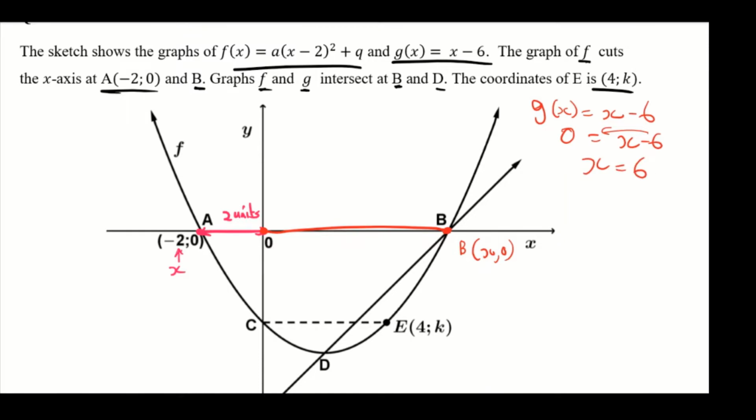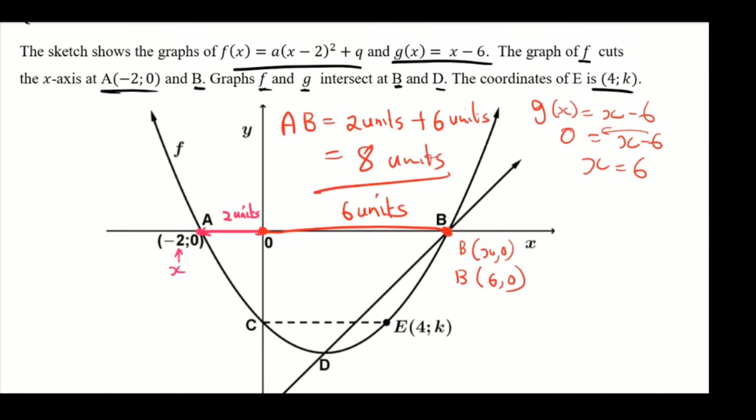So it means now that the coordinates of B are 6 and 0. So the distance from the origin to this point here is 6 units, right? So the distance of AB will be equal to the 2 units plus the 6 units, giving us 8 units. So this is the length of AB.